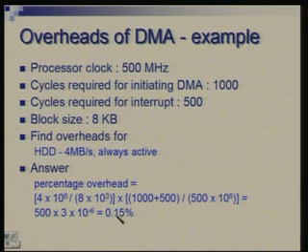So, this comes out to be... you can see that the first factor, the ratio of these two, is 500. This is 3 into 10 to the power minus 6. So, it comes out to be 0.15%, which is quite an acceptable figure.